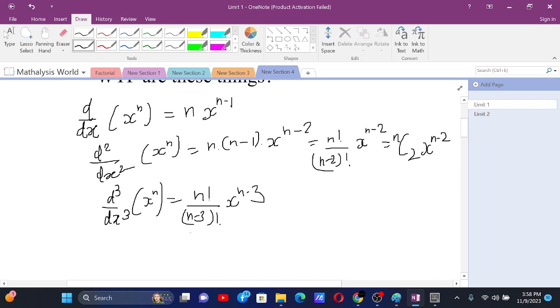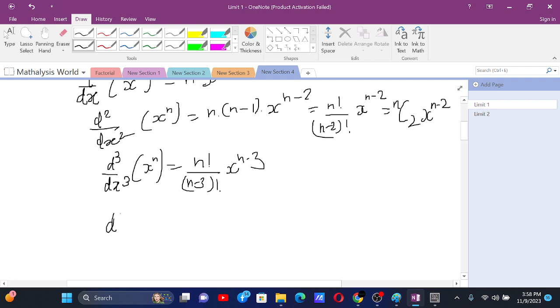So now we can generalize this. Let's say d^t by dx^t of x to the power n will be n factorial by (n minus t) factorial times x to the power n minus t.